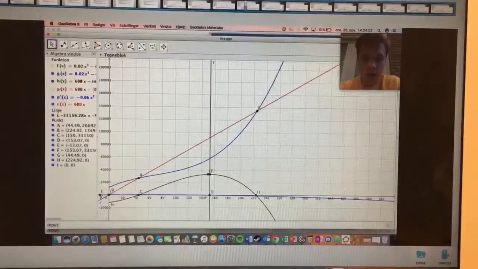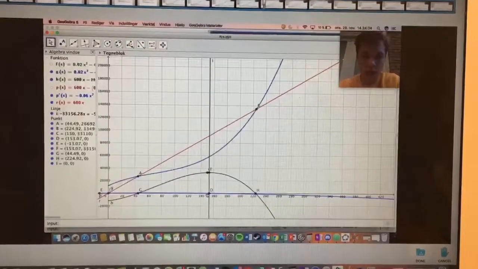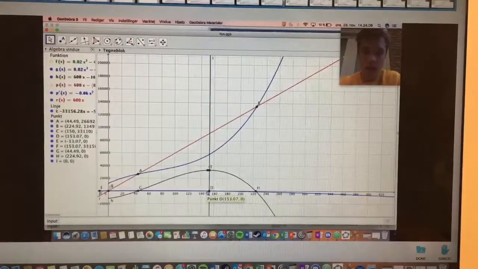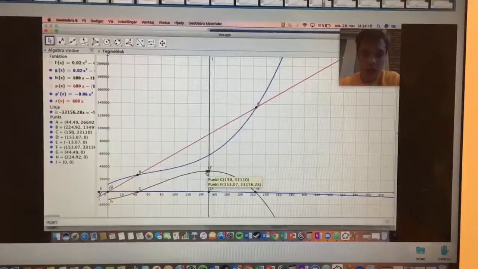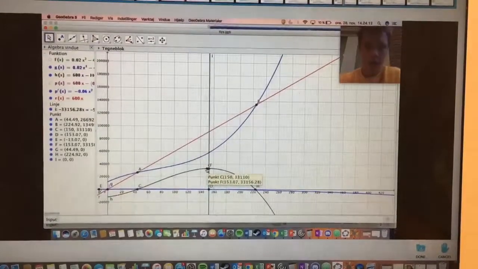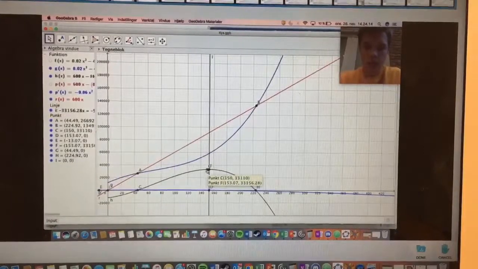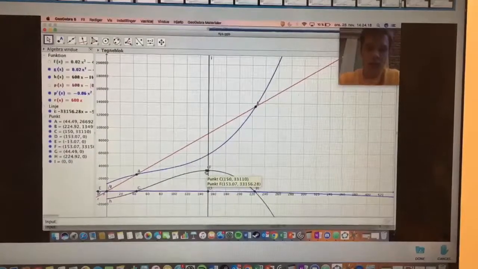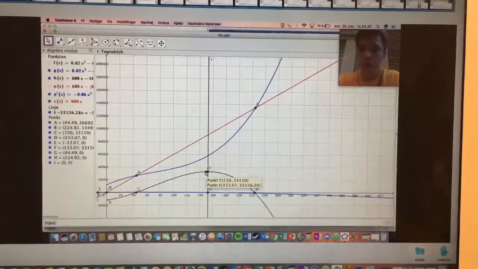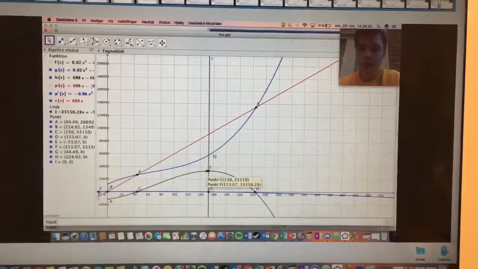You find 150 here on the x-axis, and you go up, and it says on the y-axis that it is 33,110. So that is their profit for 150 liters.